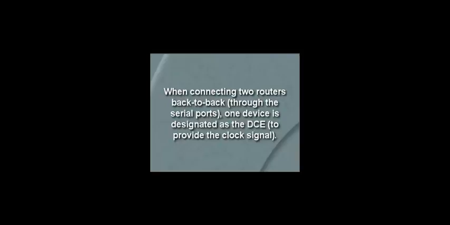Why don't we normally have to configure the clock rate? Well, if your router is connected to a CSU/DSU device, that device is going to provide the clocking or the rate of communication. If two devices are going to communicate at layer 1, at the physical layer, they must agree upon the rate of communication, the clock rate. So, when connecting two routers back to back, one of those two devices would be specified as the DCE, the device that sets the clocking.